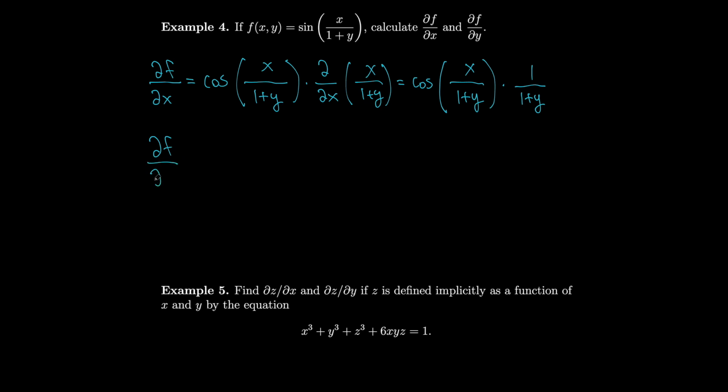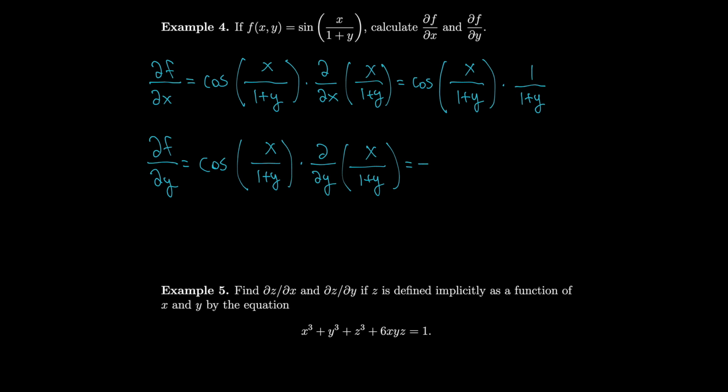Okay, how about with respect to y now? So that'd be the cosine of x over 1 plus y again. But this time we're taking the partial with respect to y of the inside. So we'll regard x as a constant. So taking 1 over 1 plus y, the derivative is like 1 plus y to the minus 1.